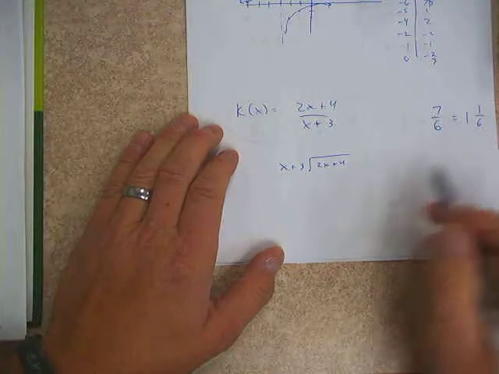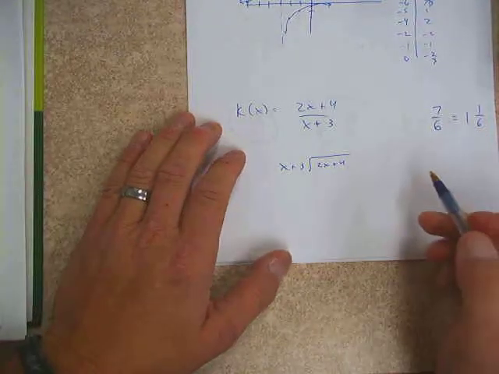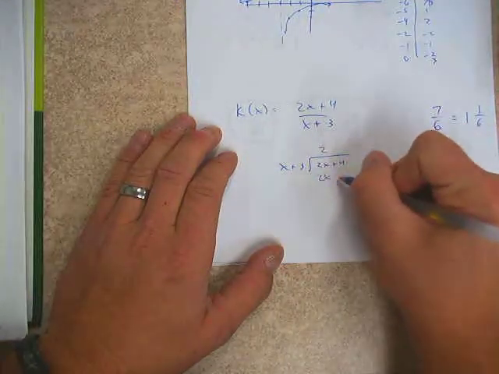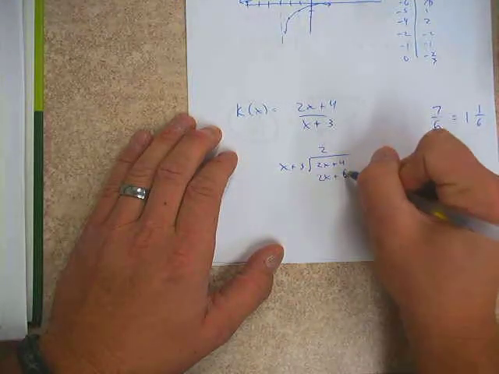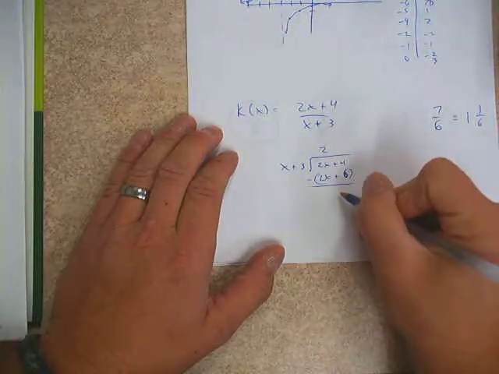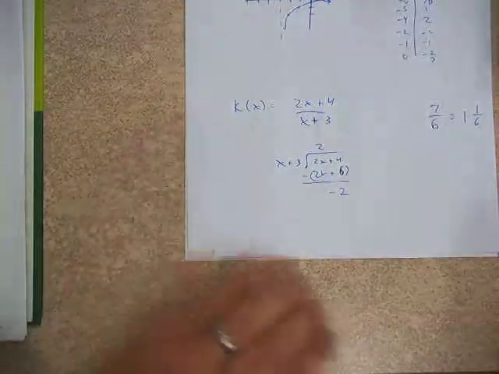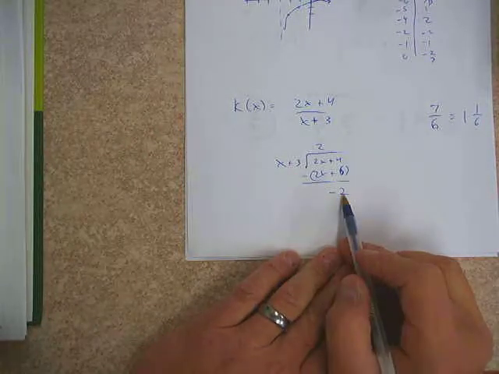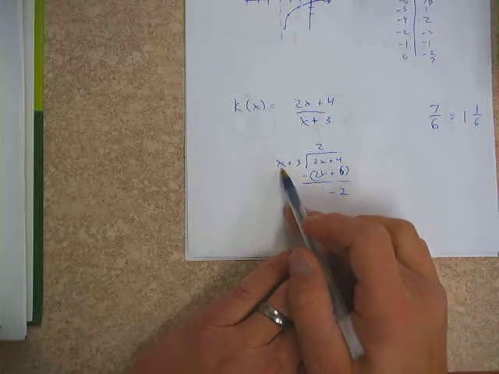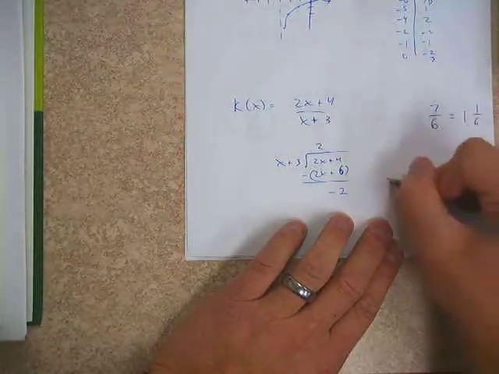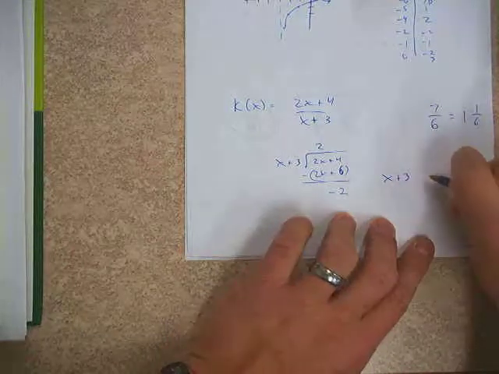So if I have that number and that number, they have exactly the same value. True? Well, what I'm going to liken that to is this, where this is like an improper fraction. Okay, and what we're going to do is we're going to change it to a mixed number. So we're going to have x plus 3, 2x plus 4, and we're going to actually do the division just like we did over here. It's no different. Okay, it's a little harder because we have to do polynomials instead of numbers, but if we do x into 2x, that's 2, and I'd have 2x plus 6, that is. Okay.